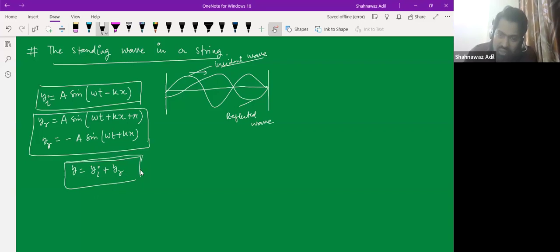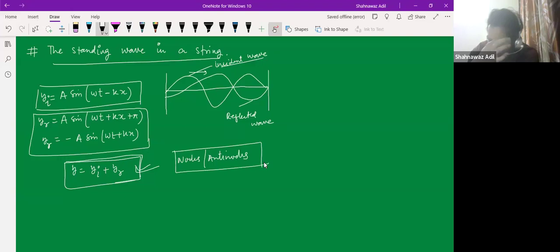We have to calculate this, and then we'll see what would be nodes, what would be antinodes, and all the other things we have to calculate. Yeah, please note down this part. We'll stop here and continue in the next part. Okay, note it down.